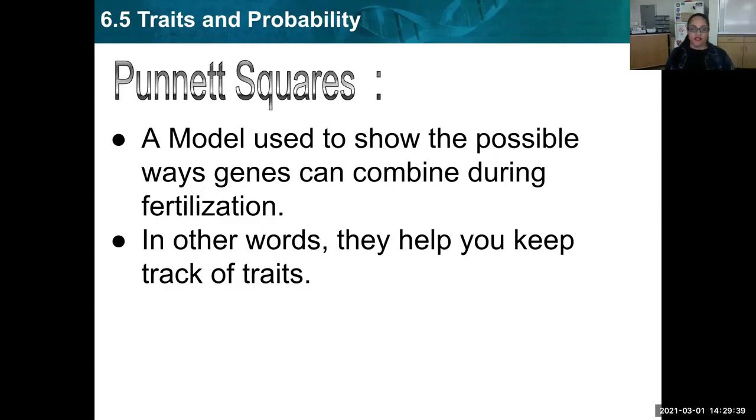We have hundreds to pass on to our offspring, but we can calculate the probability, one trait at a time, of passing those traits on. And Punnett squares help us do this.